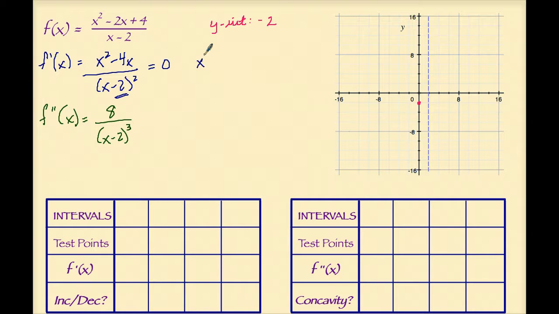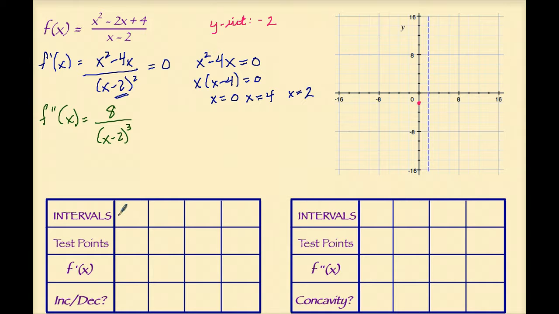So first we'll say x squared minus 4x equals 0. Factor out the x. And this gives us two critical numbers by setting the first derivative equal to 0. 0 and 4. Since the function is undefined at 2, we have to add x equals 2 as another critical number.